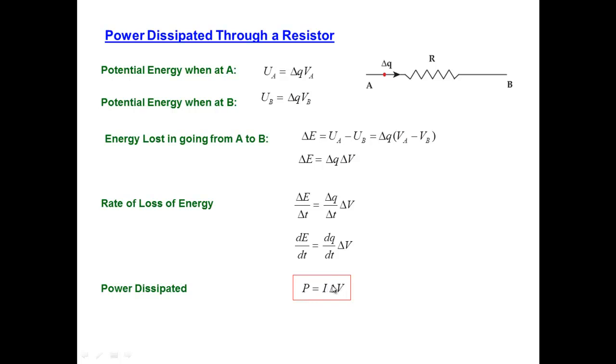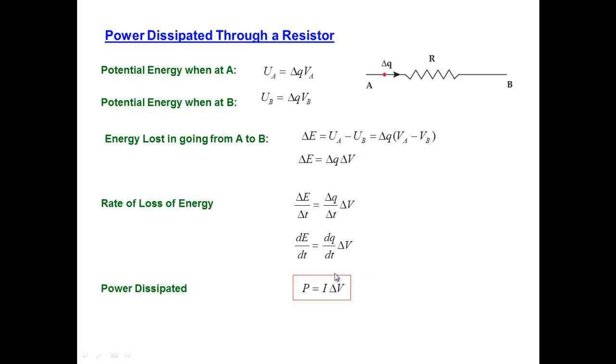This also can be used to calculate the power that's generated in a power supply. If I know that when there's 10 volts in the power supply connected to a particular resistor, a certain amount of current I flows, then the product of I and delta V tells me the power that's generated.